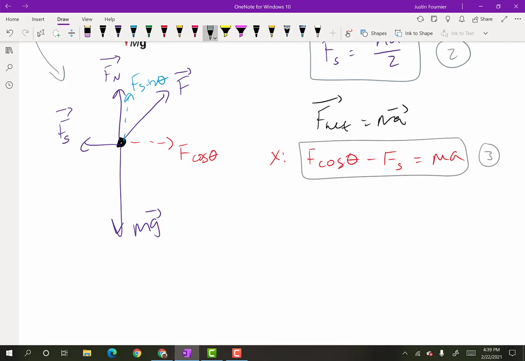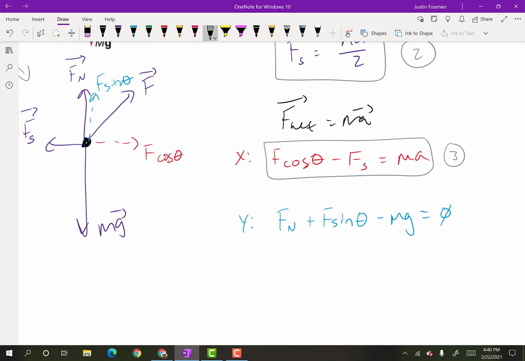So that's relationship 3. And then the other relationship is Fn plus F sine theta minus mg equals 0, because there's no acceleration in the vertical direction. And that is my fourth equation.